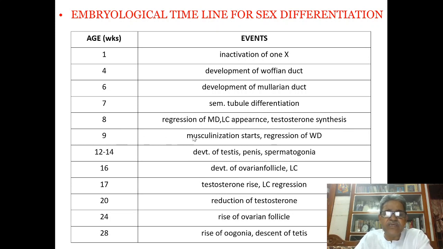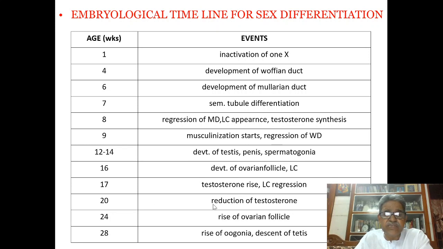At the 9th week, masculinization starts, with regression of the WD, meaning the Wolffian duct, and the MD, meaning the Mullerian duct. At 12 to 14 weeks, development of the testis, penis, spermatogonia, etc. At 16 weeks, development of the ovarian follicle and Leydig cells. At the 17th week, testosterone synthesis is very high and Leydig cell regression occurs.